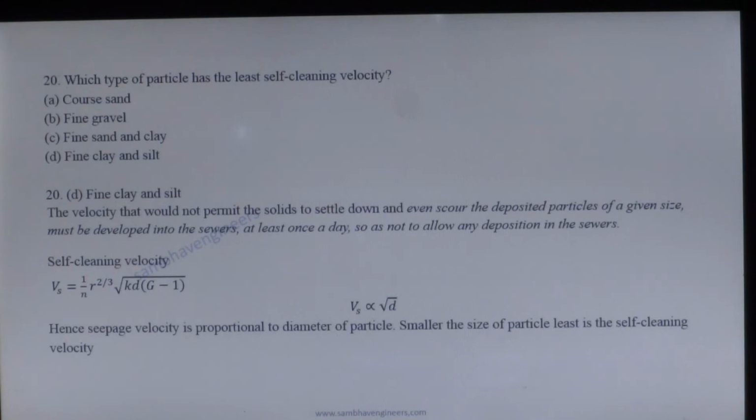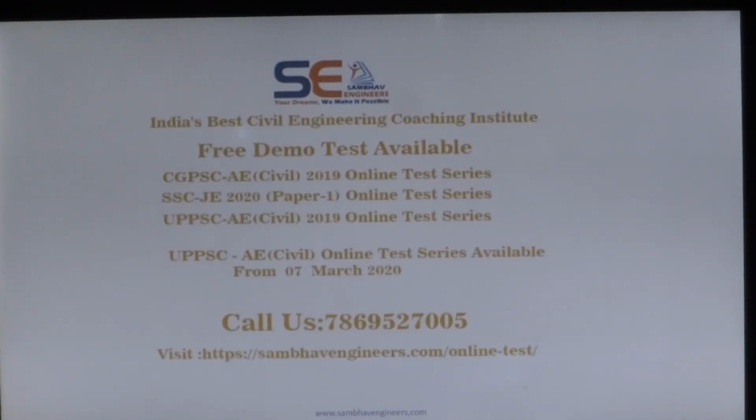Self-cleaning velocity is equal to 1 by n, R to the power 2 by 3, under root k d (G minus 1). So Vs is proportional to under root d. So the finer the particle, the lesser will be the self-cleaning velocity. So option D, fine clay and silt, is the correct answer.